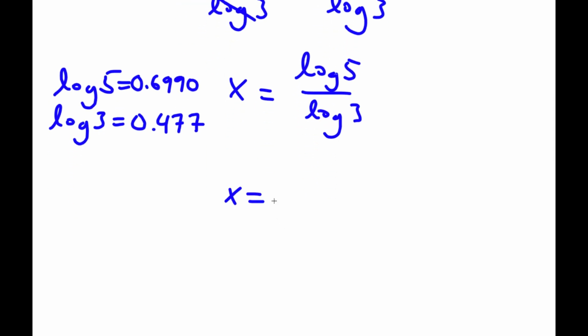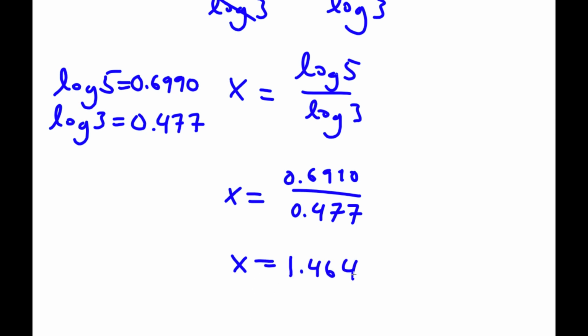So now I have x is equal to 0.6990 over 0.477, and this is equal to approximately 1.464. So 1.464 is our answer.